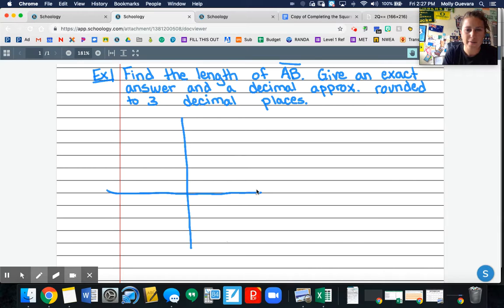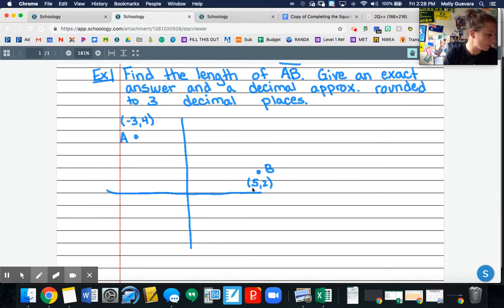My first point is going to be over here at, and I'm just going to estimate, at -3, 4, and that's point A. And then my point B is going to be over here, and that's 5, 2.